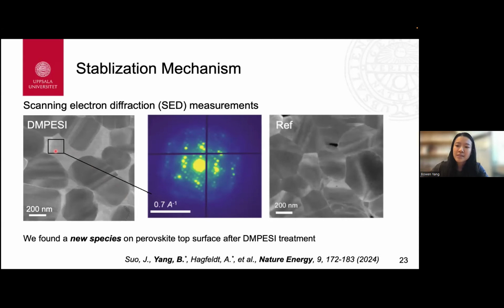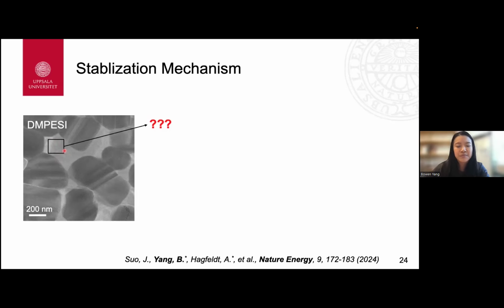And now this suspicion is further supported at the atomic level by examining the scanning electron diffraction pattern. Comparing with this reference formamidinium lead iodide sample, we clearly observe a new crystalline species extracted from this region of the DMPSI treated perovskite sample.